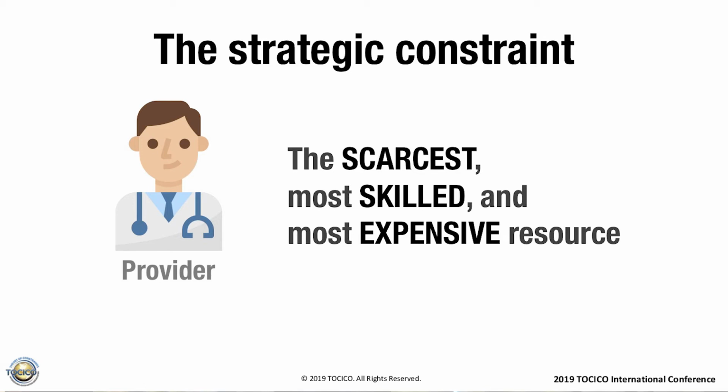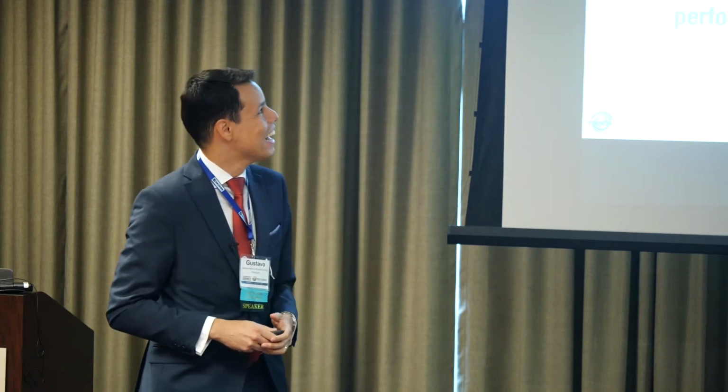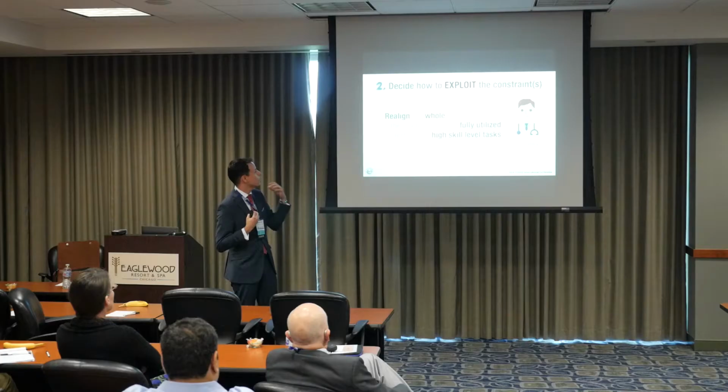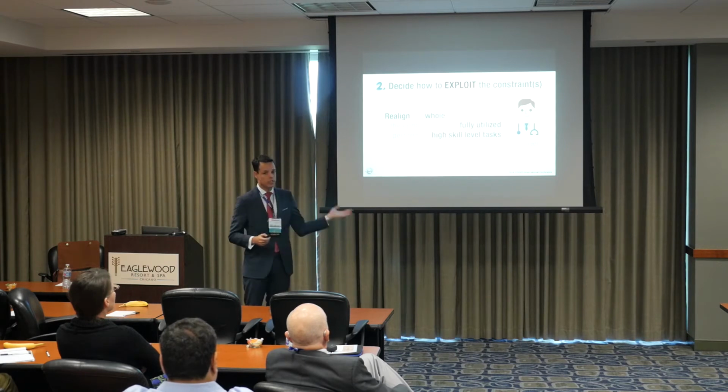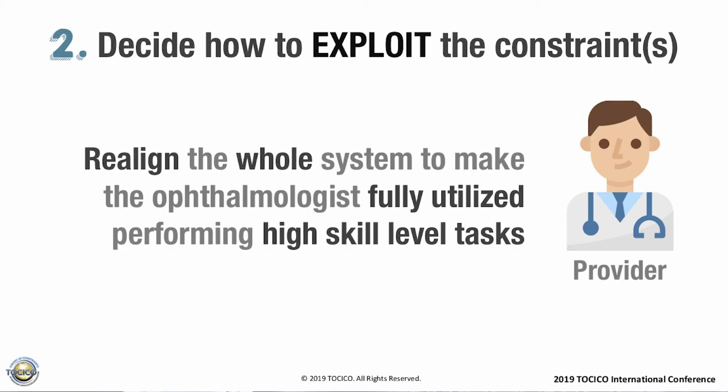So we had to do it better. I had to exploit myself better. So how could I exploit myself? Well, we had to realign the whole system to make me be fully utilized in performing only high-level skilled tasks.